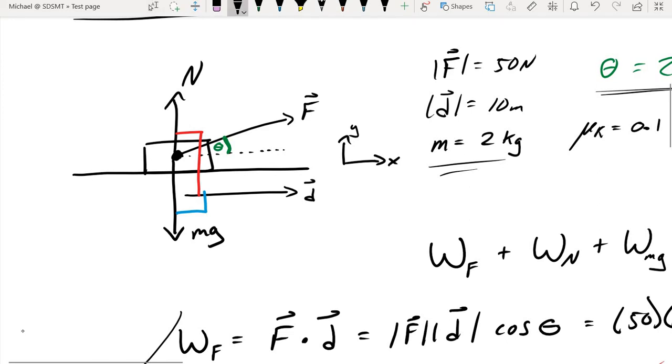Now, we can already see that this mass is going to be moving to the right. That is established. We know that friction will oppose the direction of motion. That means we need a friction force pointing opposite the direction of our displacement vector.